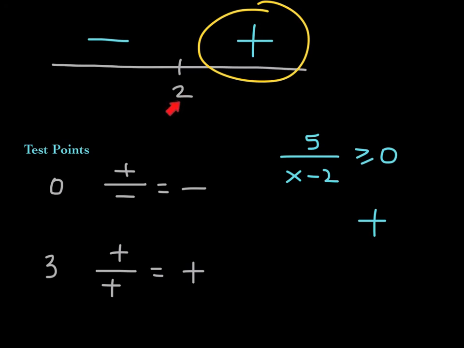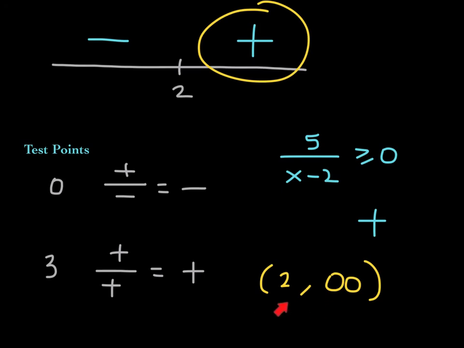The function is undefined at x equal to 2 because this is the value that makes your denominator 0, right? So you have to put a parenthesis on 2 even though this is non-strict. You could have put a bracket on 2 if it were an x-intercept, but it's not. You don't have any x-intercepts. So because this is a vertical asymptote, I have to put a parenthesis on 2 and then all the way to positive infinity. This is my final answer.